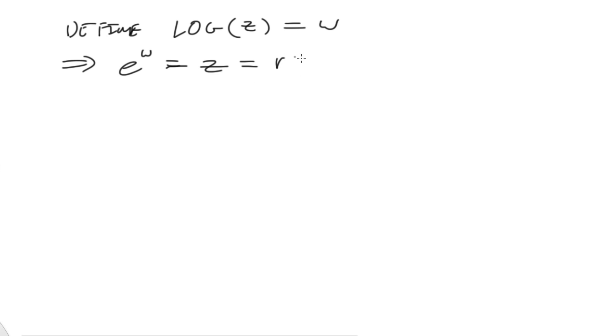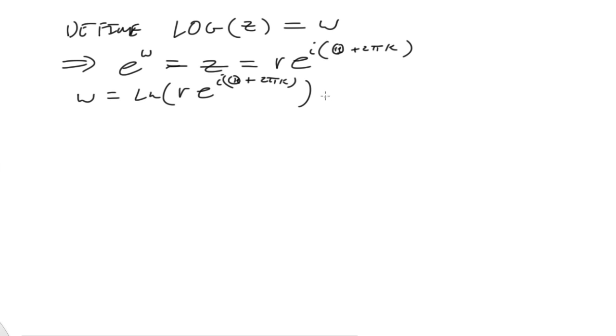So that's going to be r e to the i, and again I'm going to write that as the principal argument plus 2 pi k. And that means w is equal to the natural log of r e to the i times capital theta plus 2 pi k, all in parentheses there.